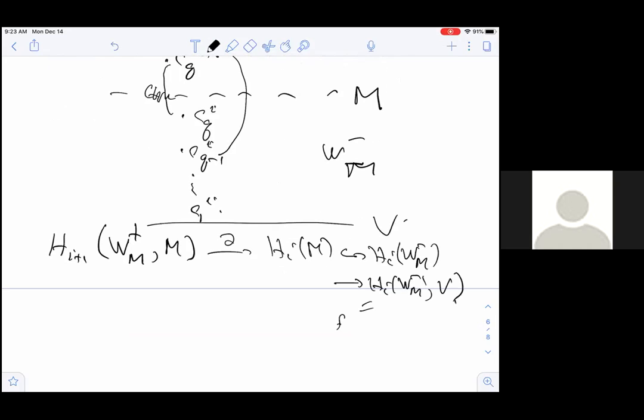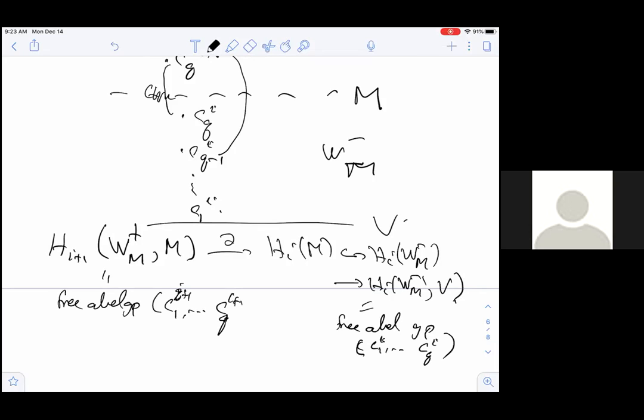And this is the free abelian group generated by the C_1^i up to C_q^i, the critical points of index i. This is the free abelian group generated by C_1^{i+1} up to C_q^{i+1}.